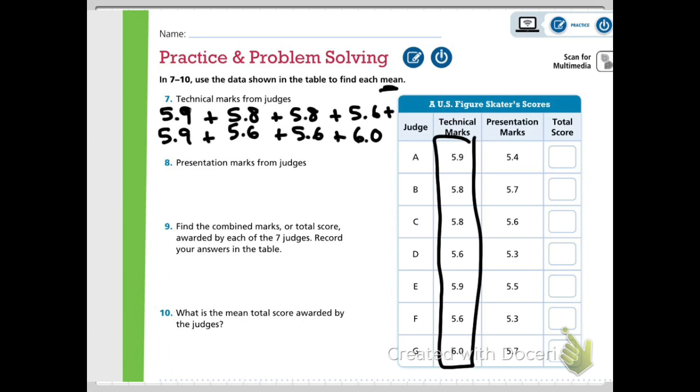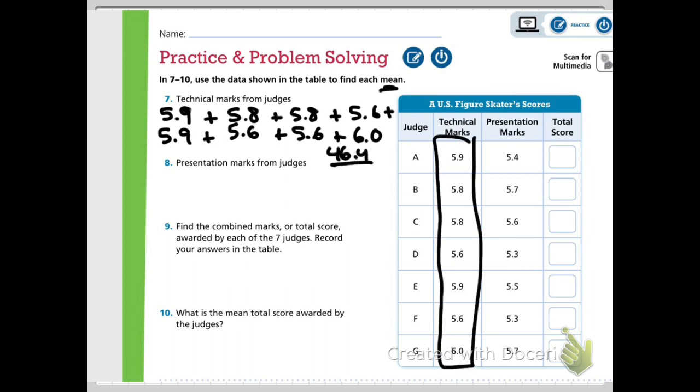So we add those all up, and we get 46.4.